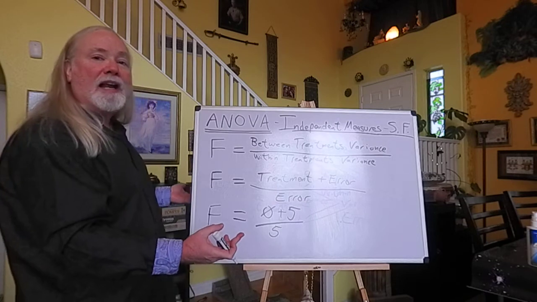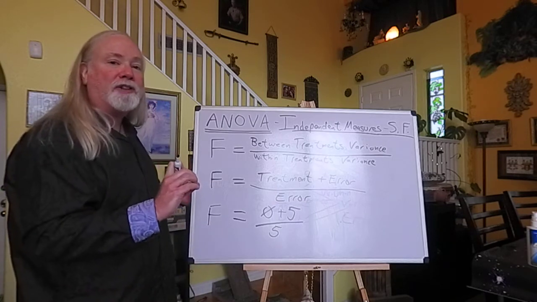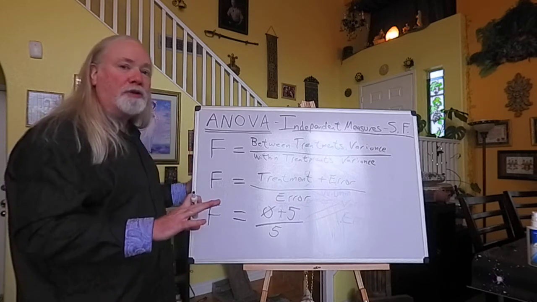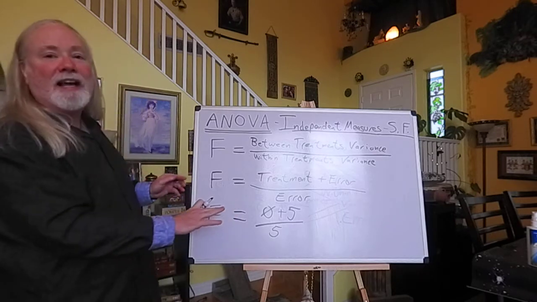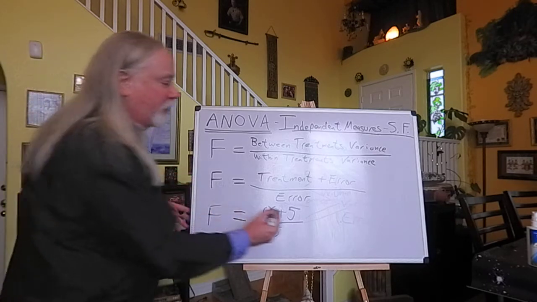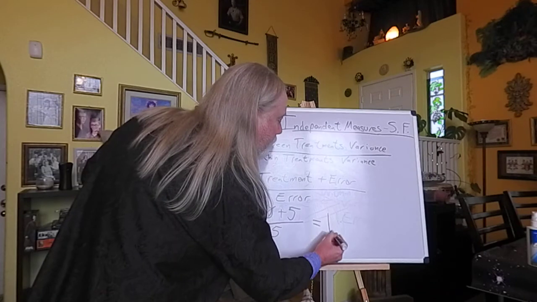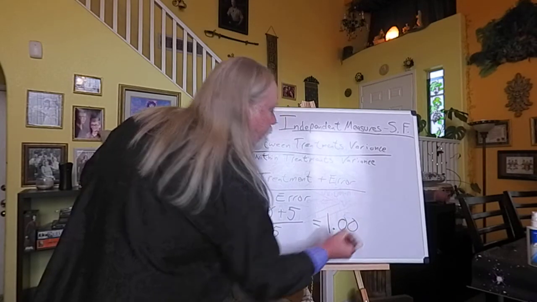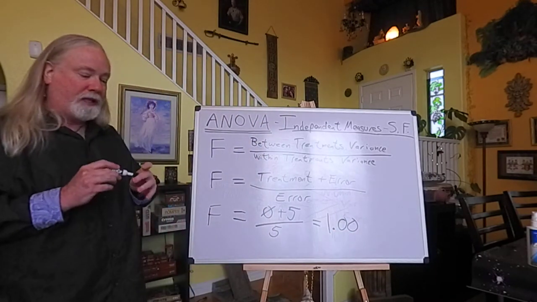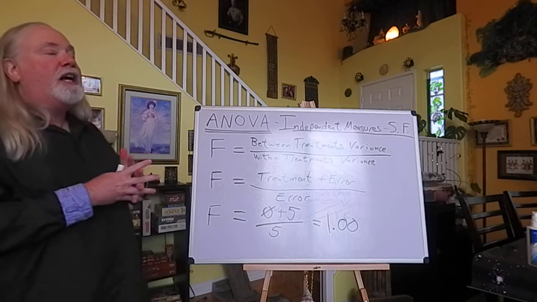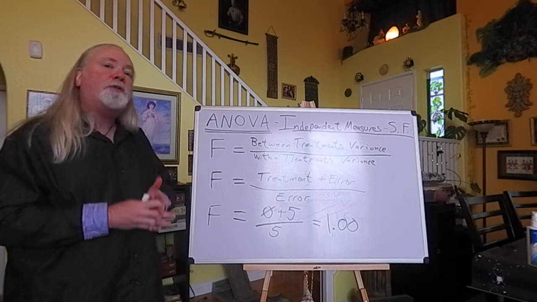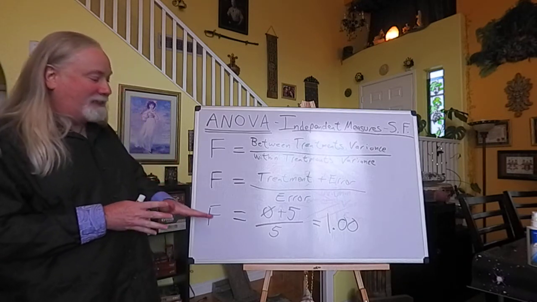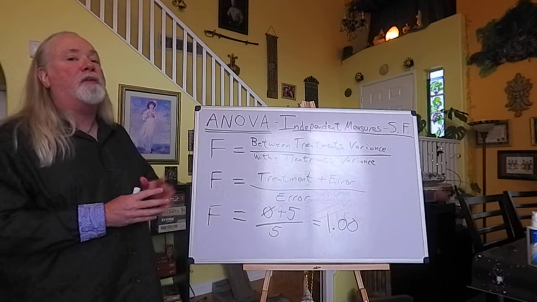Well, what do we get if the null hypothesis is correct and there is no treatment effect? When we calculate our F ratio or F statistic, what we should end up with is a 1. Now that's different than our previous chapters. The null hypothesis has always predicted a T statistic or Z statistic value of 0.